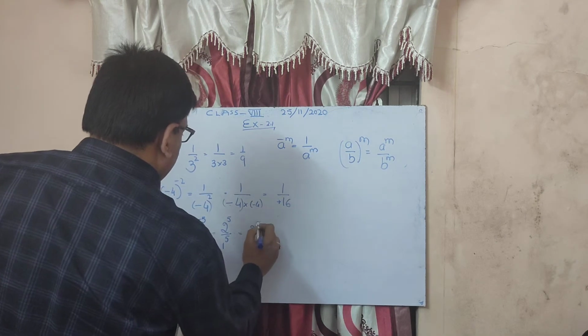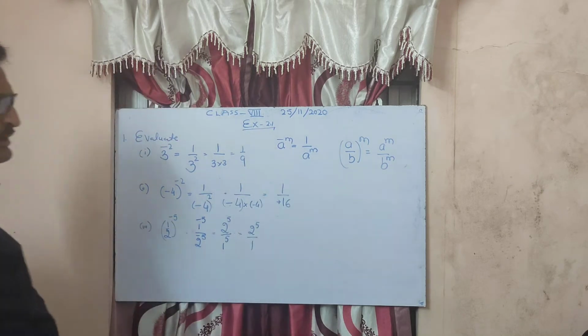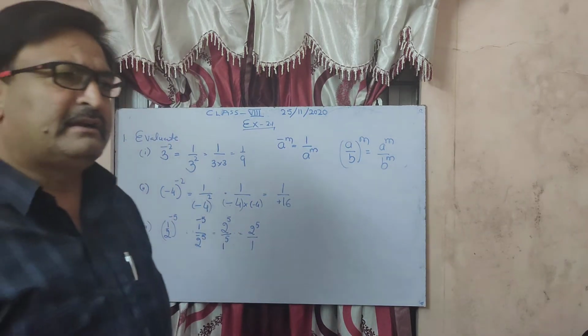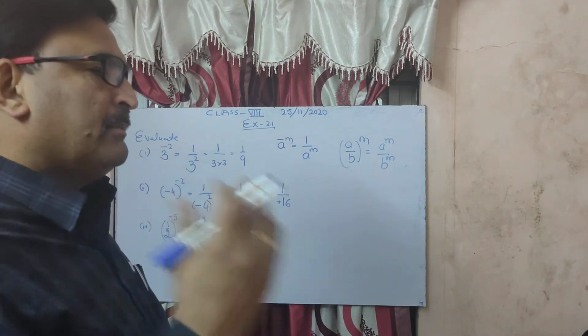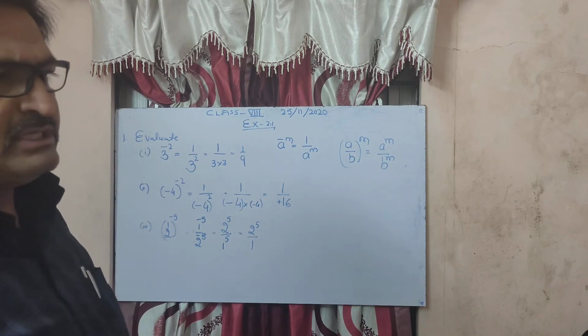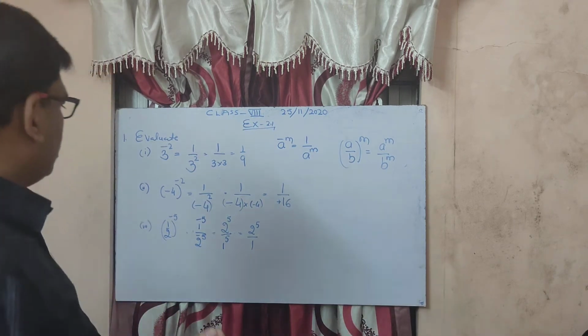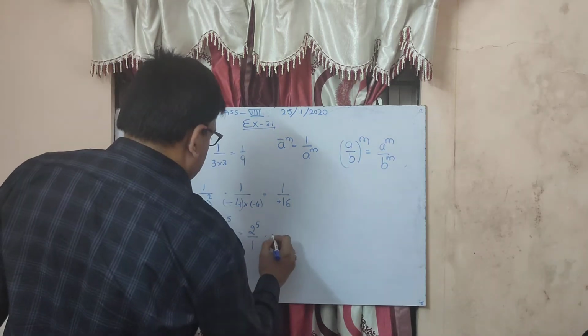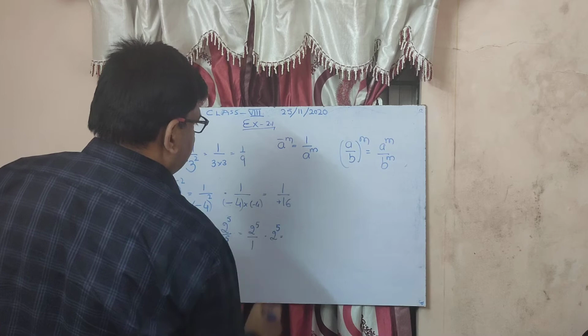2 to the power 5 and 1 to the power 5 means it's 1 only. If 1 is multiplied by 100 times, the answer will be 1. There will be no change if you multiply 100 times or 1000 times. Now 2 to the power 5 means 2 should be multiplied by 5 times.